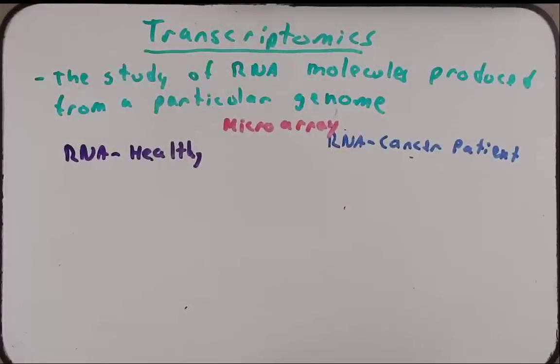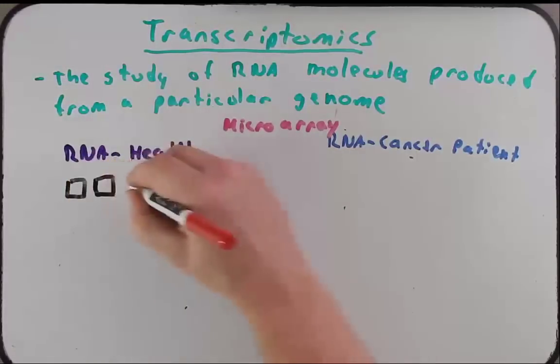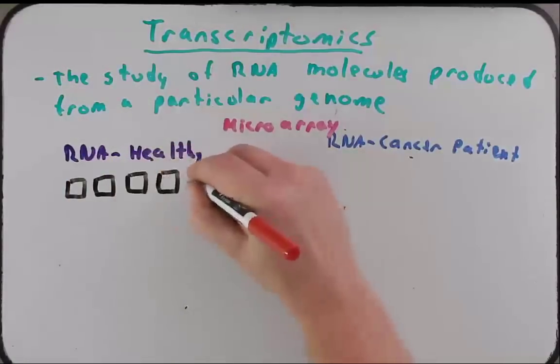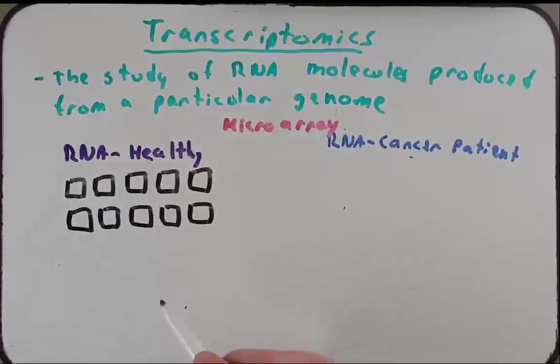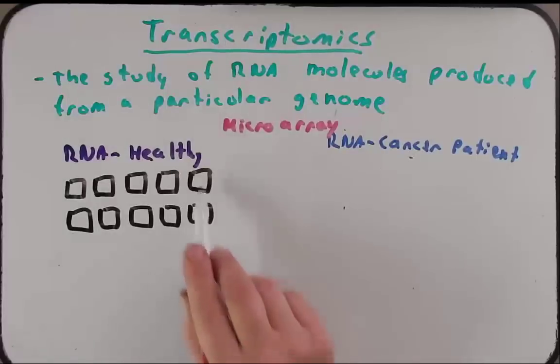I don't want you to learn the technical details of this, but I would like you to be able to look at some data and be able to make a prediction. These arrays contain spots for all of our genes, potentially all of our genes. And if a particular gene is activated, the RNA will hybridize to those different boxes here.